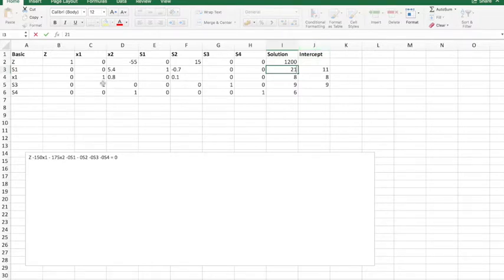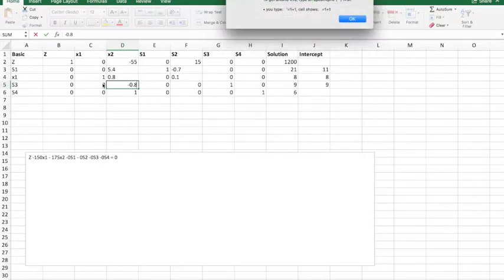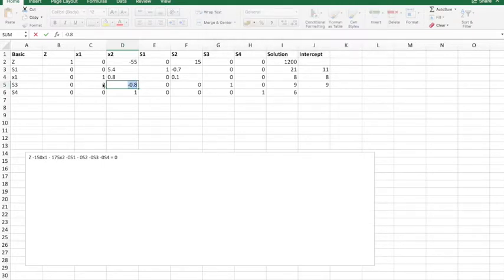Okay, and then I need to remove this x variable. So this becomes 0, minus 0.8. Oh, did the same thing. 0, minus 0.1. It stays 1, 0.